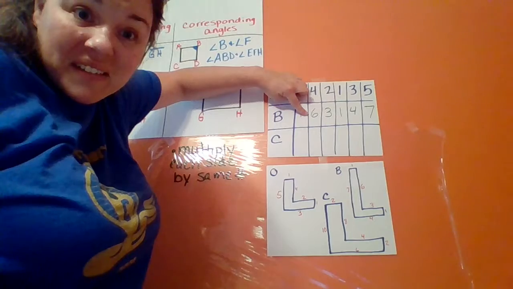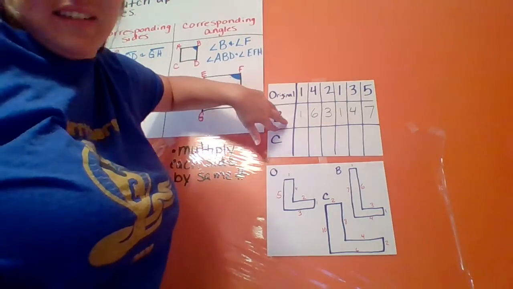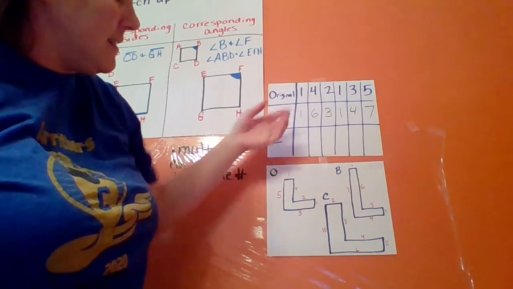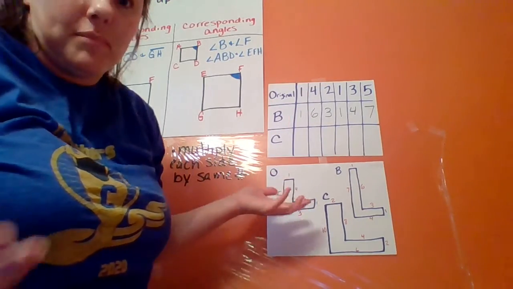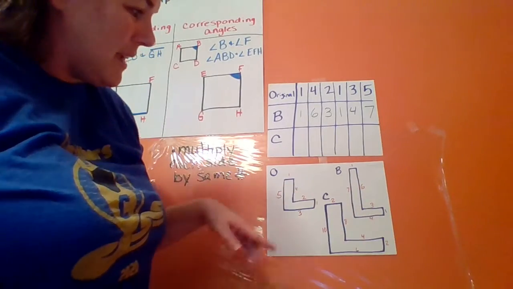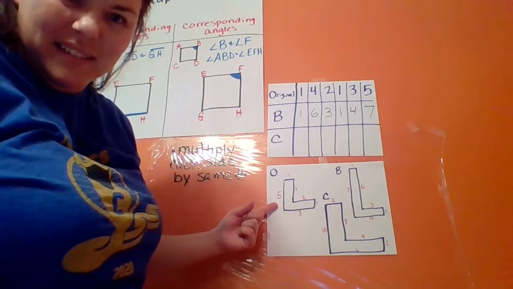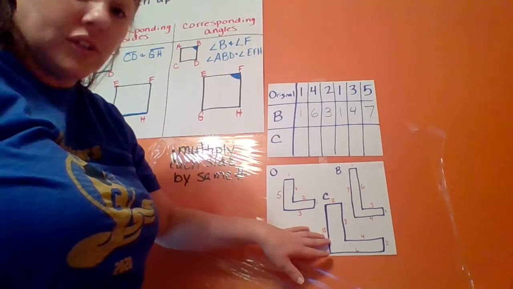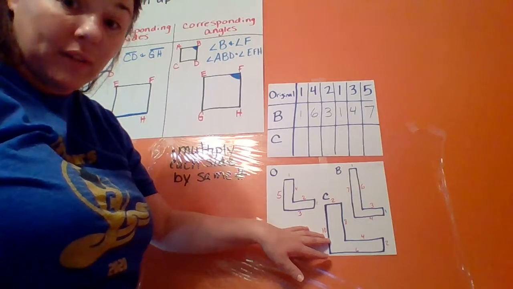No, it's not, is it? So this is actually not a scaled copy. We don't even have to look at anything else. As soon as you get some sides that don't match up, then you're good, right? So B is not a scaled copy, and it doesn't look like a scaled copy, does it? Right? All right, cool. Let's use the corresponding sides to figure out C.